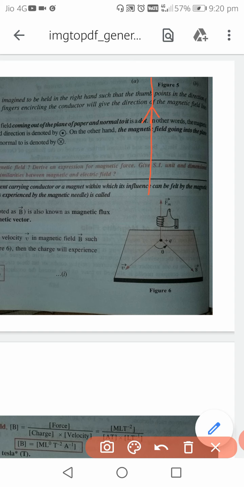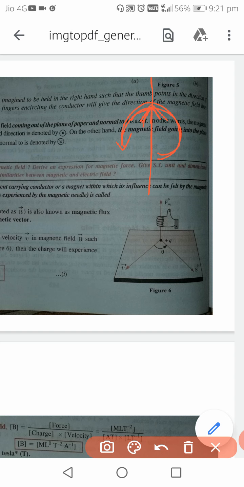Now if you keep your hand in such a way that the thumb is towards the direction of current, then the magnetic field will be given by the curl of the other four fingers. This is the direction of curl of the four fingers around the conductor, in a circular way around the conductor. So this is the direction of magnetic field when current flows like this.